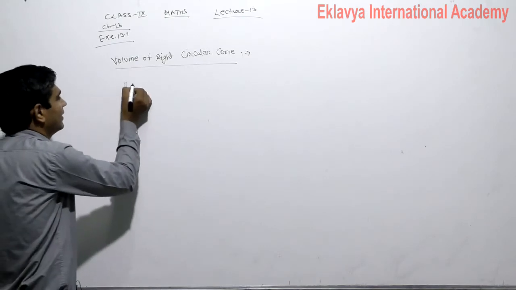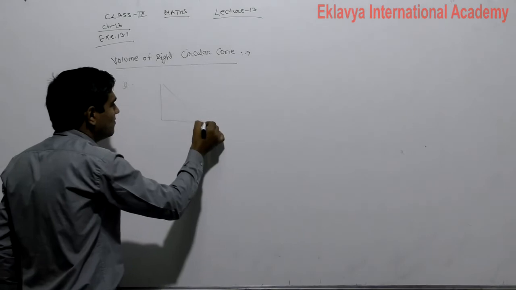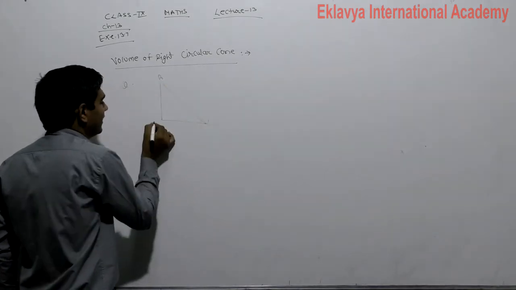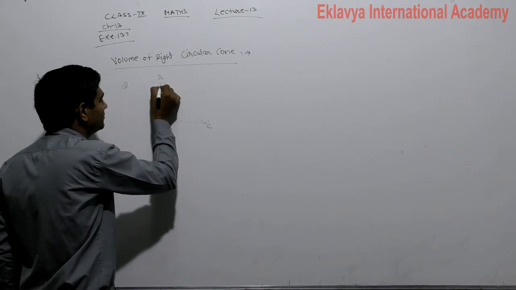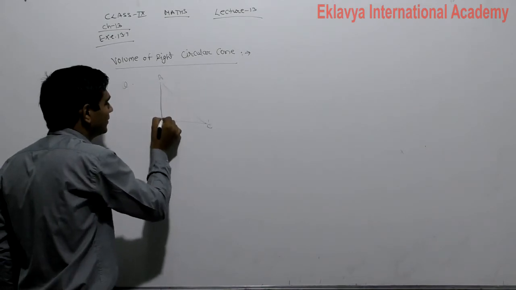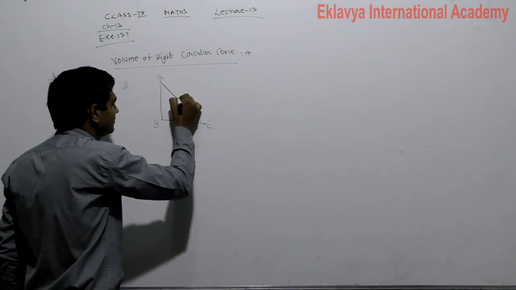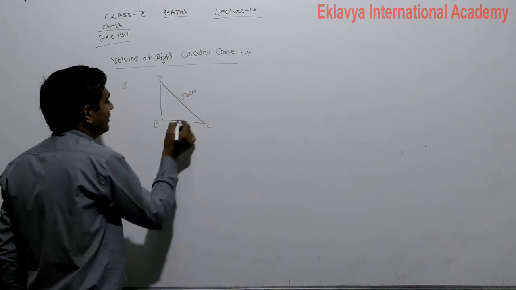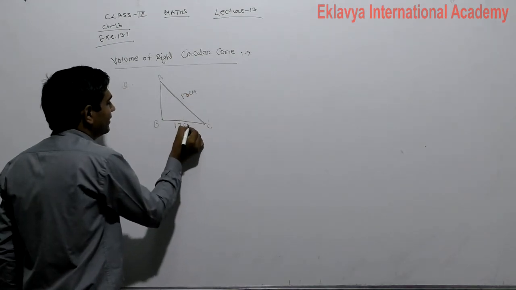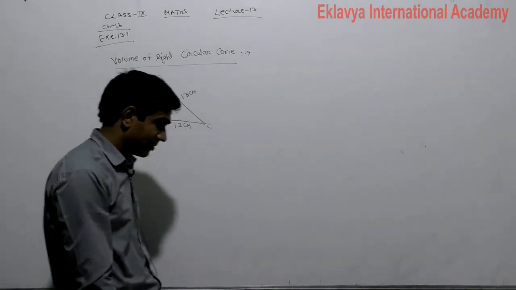So the question is that a right angle triangle ABC, in that right angle triangle AC is 13 centimeter and the other sides are 12 centimeter and 5 centimeter.